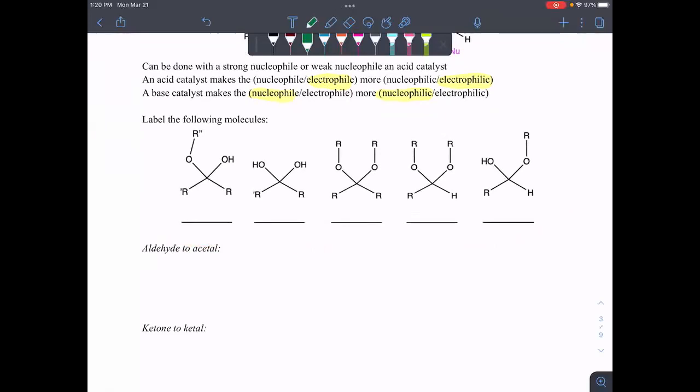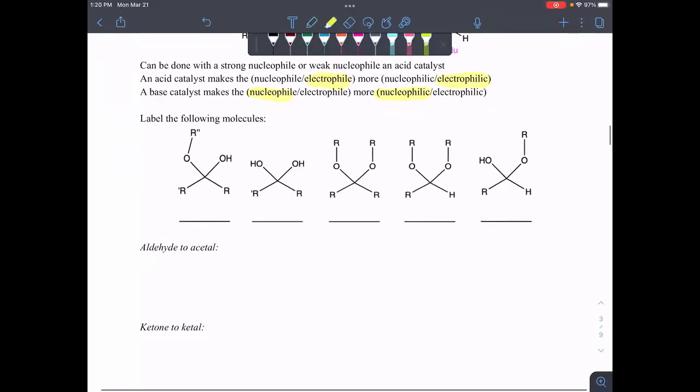So first, to identify if it's an acetal or a ketal, you look at the stuff attached to the oxygens. So we're looking at this carbon. To identify if it's an acetal or ketal, you look at the R groups attached to it and ignore the oxygens. So if the R groups are both carbons, it's going to be a ketal. If you have one R group and one hydrogen, it's an acetal, because it's a derivative of a ketone and an aldehyde, respectively.